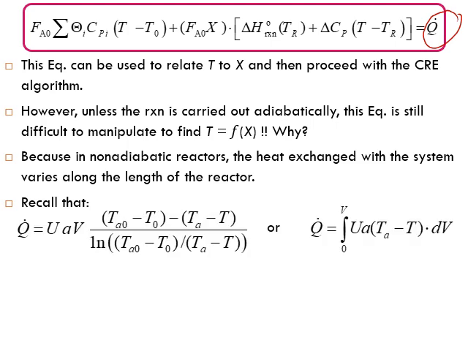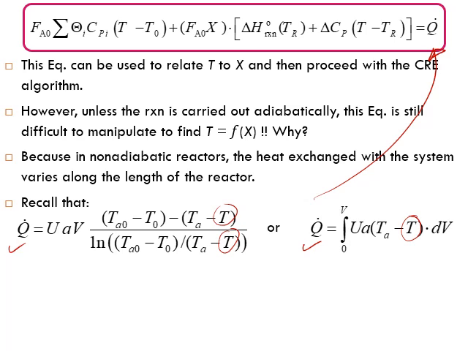So let's recall that Q dot can be calculated either from UA delta T log mean, and in this case we have T here and T here, or it's the integration of UA (Ta minus T) dV. So whether you use this or this and substitute it here, it will be very difficult to solve for T as a function of X and other things.